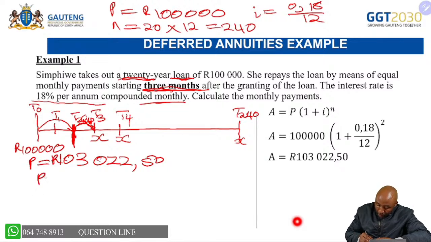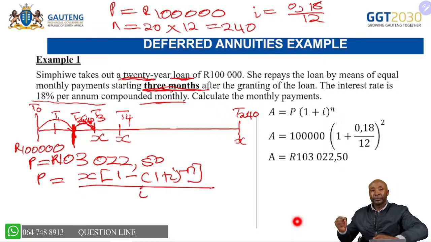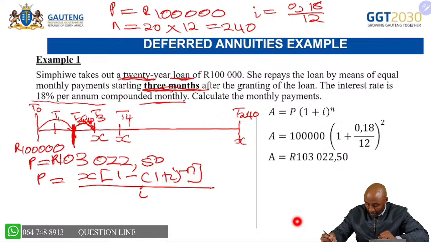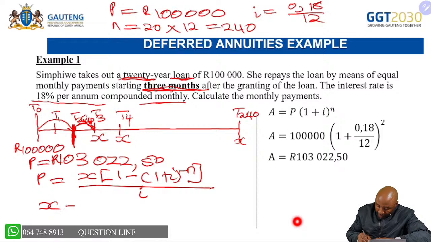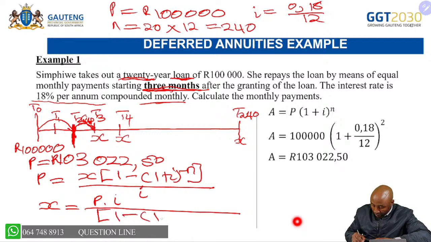So we are going to use P is equal to X times 1 minus 1 plus I to the power negative N, over I. But now, before we substitute, we know what we are looking for. We can rearrange this formula and it becomes X is equal to, we want X, P times I over 1 minus 1 plus I to the power negative N.